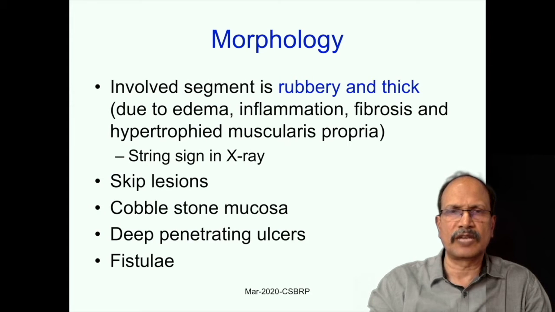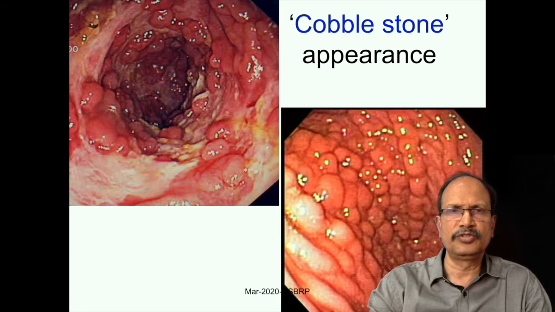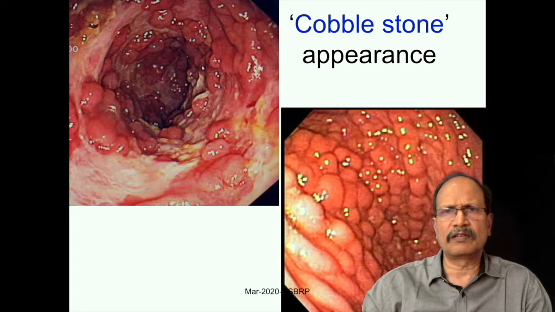This cobblestone-like appearance is due to the deep ulcers. Narrow, deep ulcers are the feature of Crohn's disease. If you recollect ulcerative colitis, they have wider and shallow ulcers, but in Crohn's disease, ulcers are narrower and very deep.